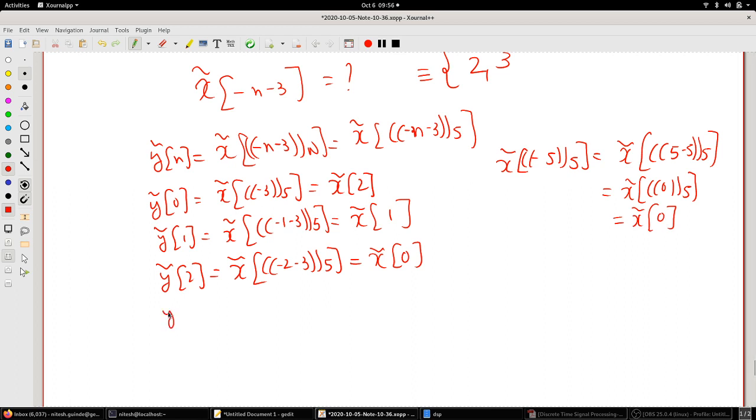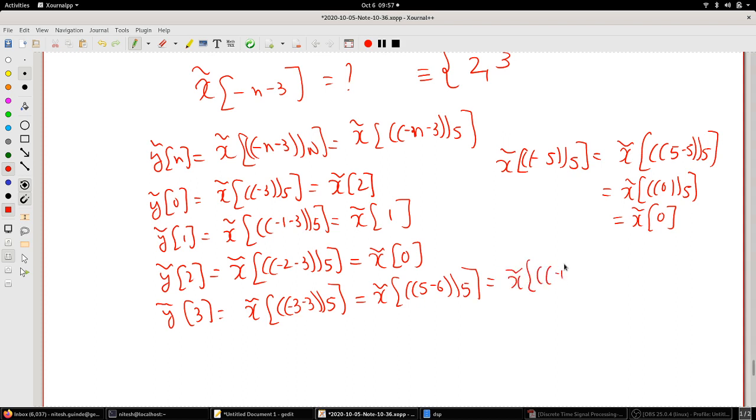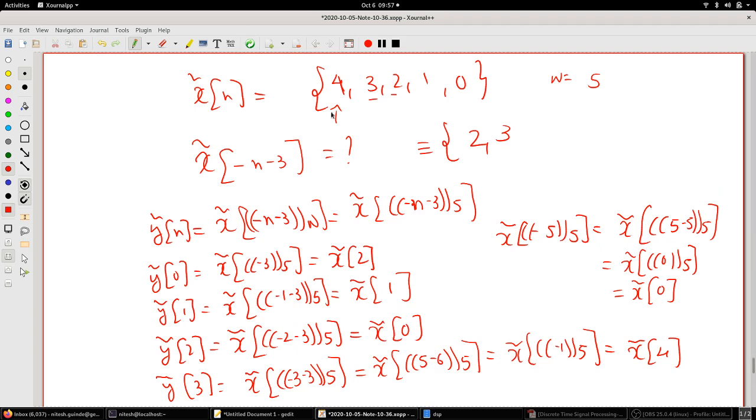So now y tilde of 3 is equal to x tilde of minus 3 minus 3 mod 5, which is x tilde of minus 6, which is 5 minus 6 mod 5, which is x tilde of minus 1 mod 5, which is x tilde of 4. Okay. So this x tilde of 4 is 1.